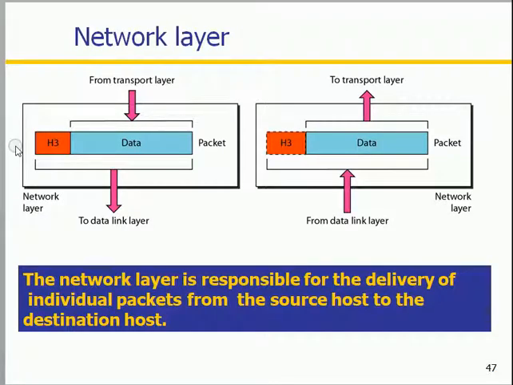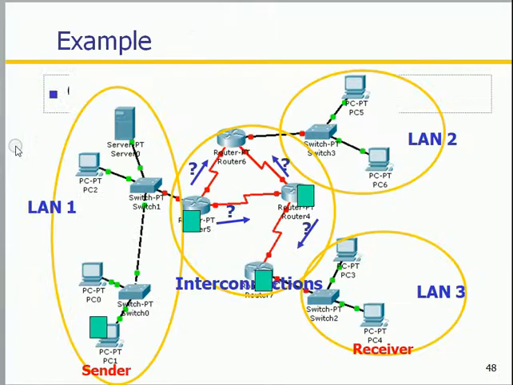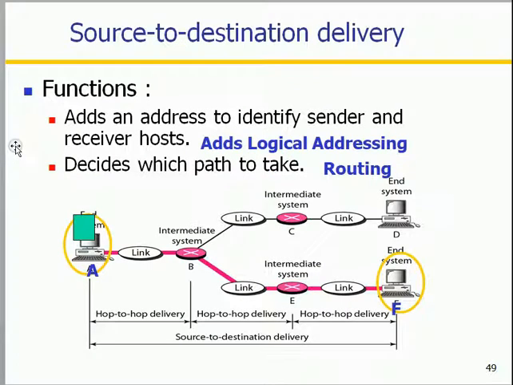So the network layer is the place where the delivery of individual packets goes from one host to another host. The source host to the destination host, the receiver host. So the PDU for this unit is packets, and then packets are converted to segments if it is being received, and segments are being converted to packets if they are sent.